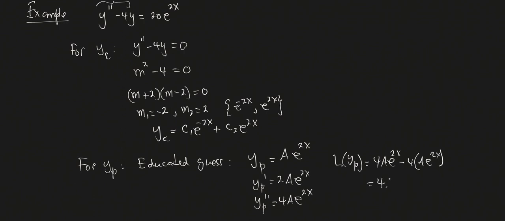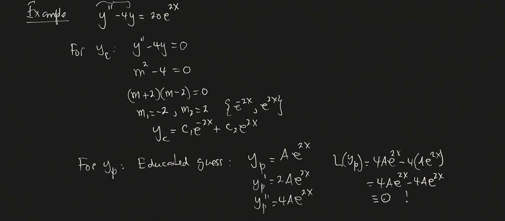So it's 4a e to the 2x minus 4a e to the 2x. Well, this is always 0, right? So wait a second, we don't want 0 as an output. We want the 20 e to the 2x. So here is a problem.